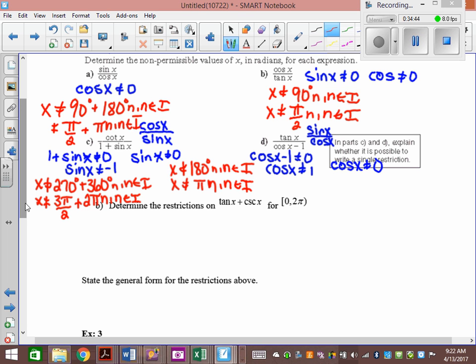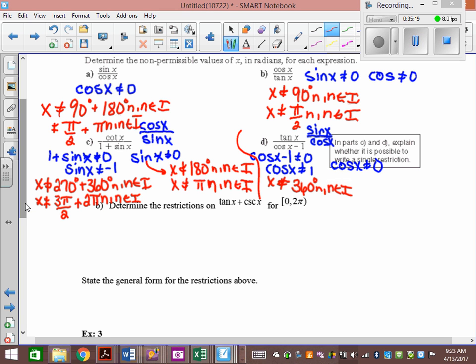So you could go 0 degrees plus 360 n, but we don't write the 0. So instead of writing 0 plus 360, we're going to say x can't equal 360 degrees n, n an integer.